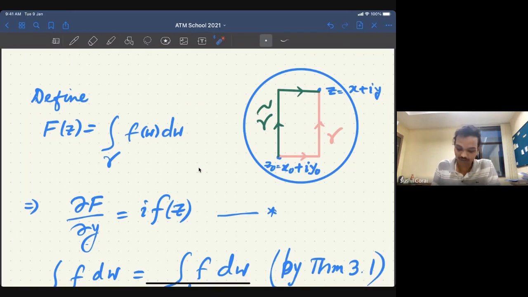So you can go through a polygonal path whose sides are parallel to the axes, but the last side should be parallel to the y-axis, the others parallel to the x-axis. That is good enough. So does that answer your question? Okay. So any other question?